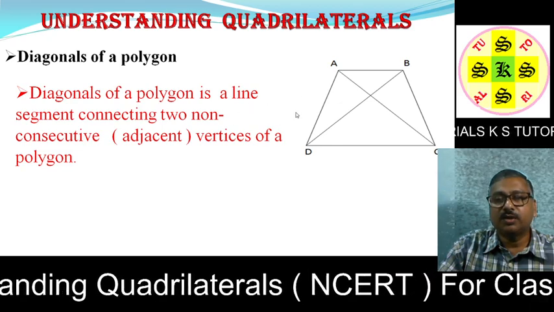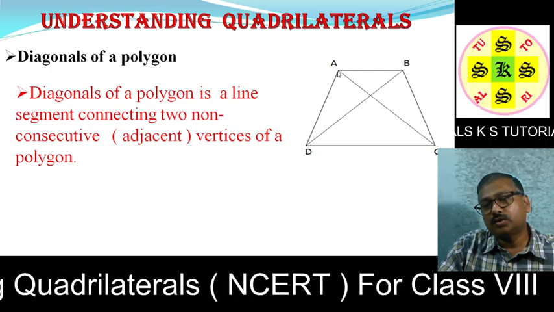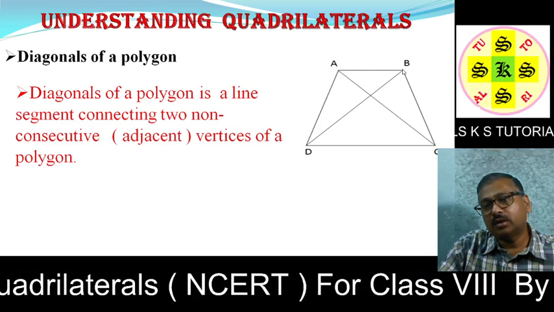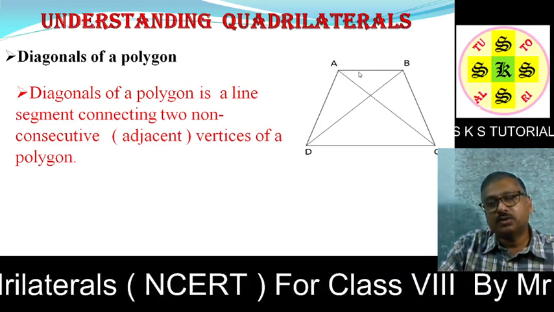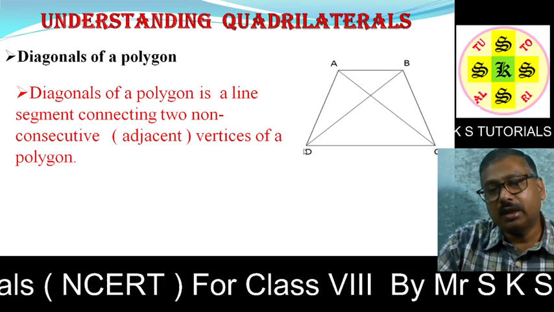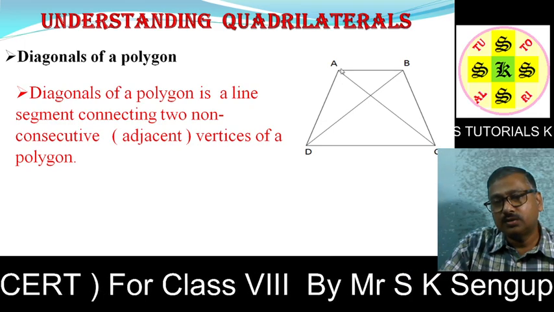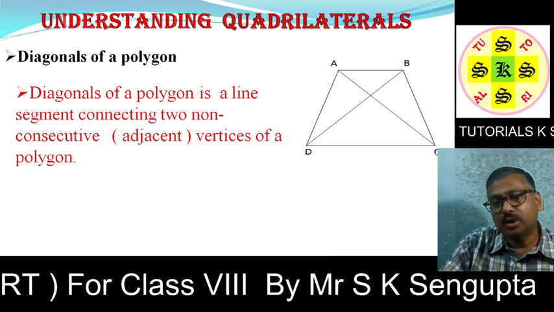But this is the common definition, it may be for a pentagon, hexagon, anything. Here A and B are adjacent, so if we join AB and AD, they are adjacent. Other than this, C is there, so if we join A to C, we get one diagonal.